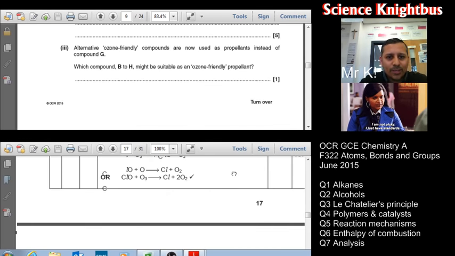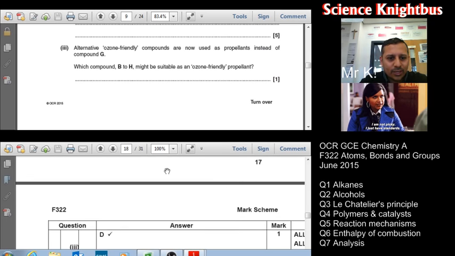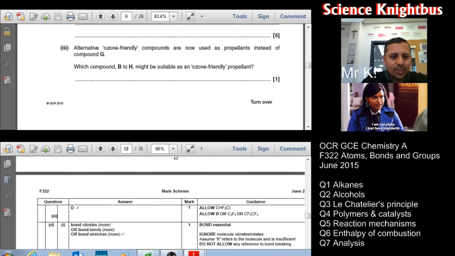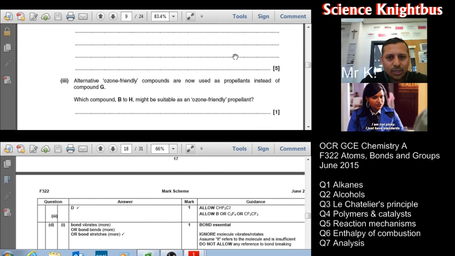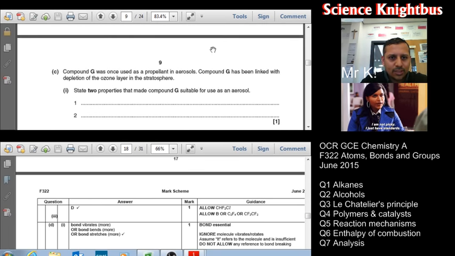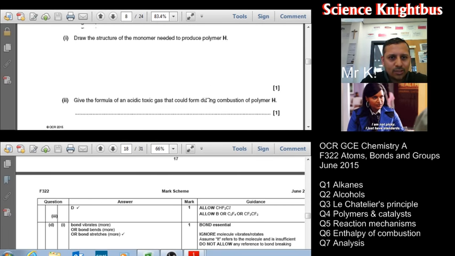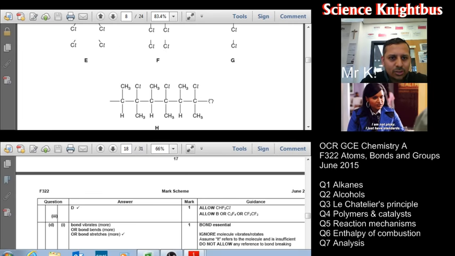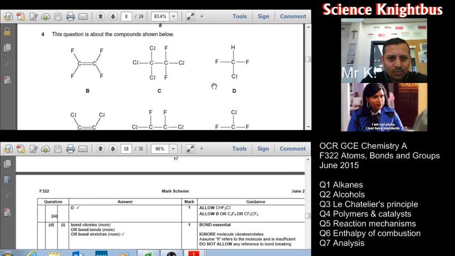Alternative ozone-friendly compounds are used as propellants now instead of the compound G. Which of those compounds would be suitable for it? And the answer would be D. Let's just remind ourselves where D is. Excuse the scrolling. Just goes to show, you've got to make sure that both pages are open.